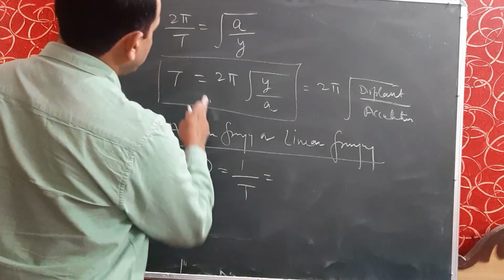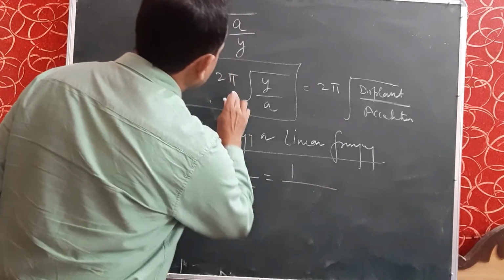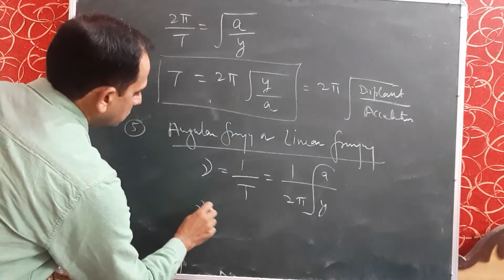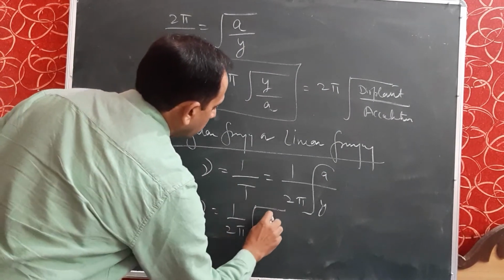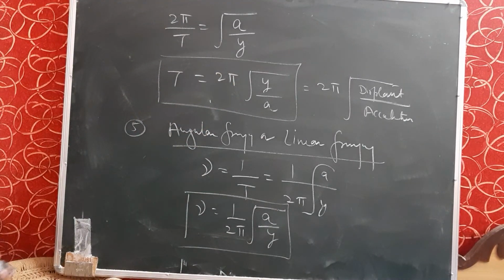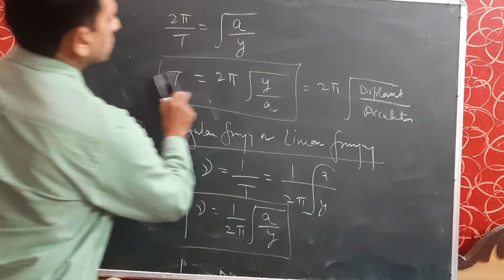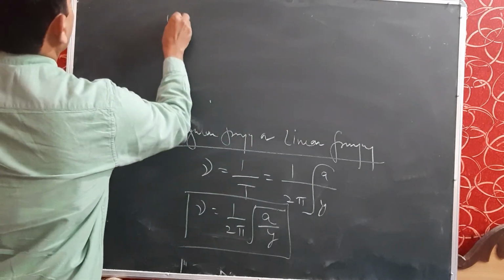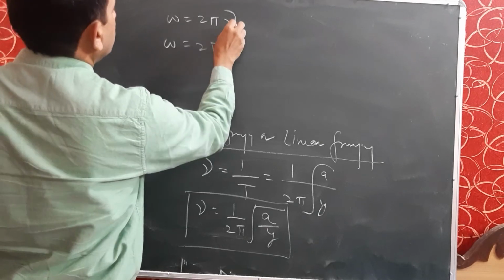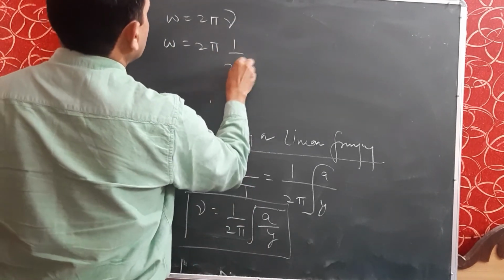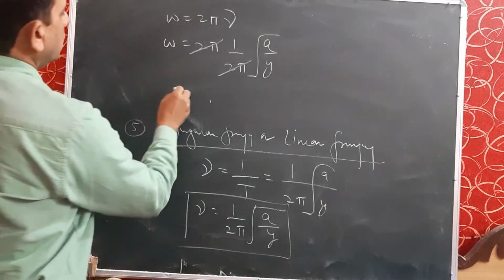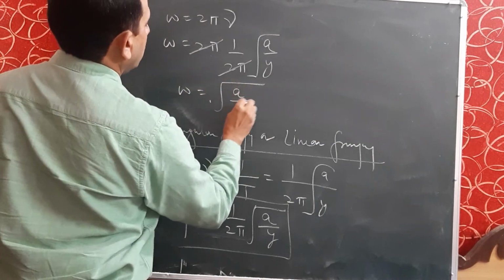So when we put the value of time period here, nu becomes 1 upon 2 pi into under root of a upon y. This is frequency. Angular frequency is simply omega, and omega is 2 pi nu. So omega becomes 2 pi into 1 upon 2 pi into under root of a over y. The 2 pi cancels the 2 pi and omega becomes under root of a upon y.